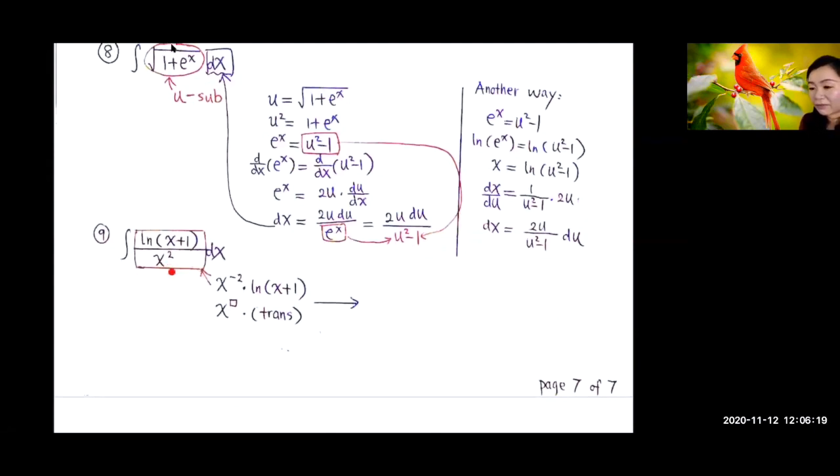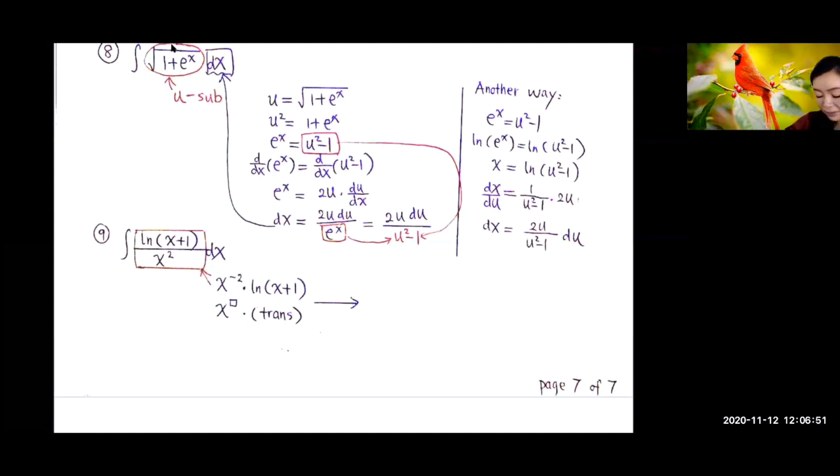What's the first method of attack? Even though the x here is in the denominator, we can write this as x to the negative second power. So we can still consider this in the form of x to some power times a transcendental function. So what's the method?